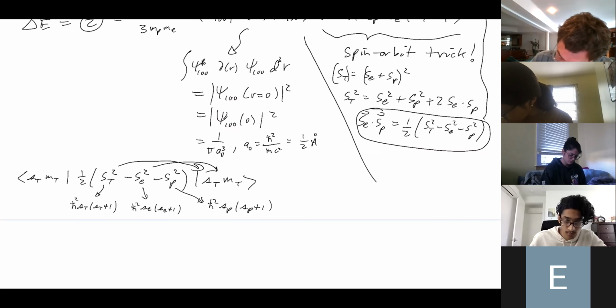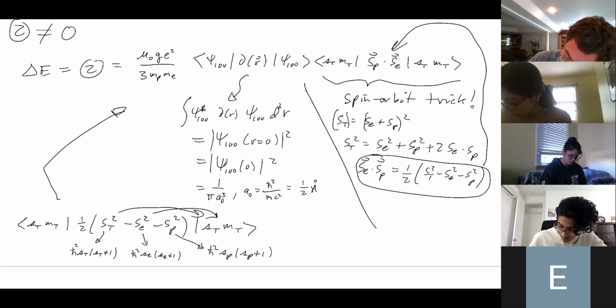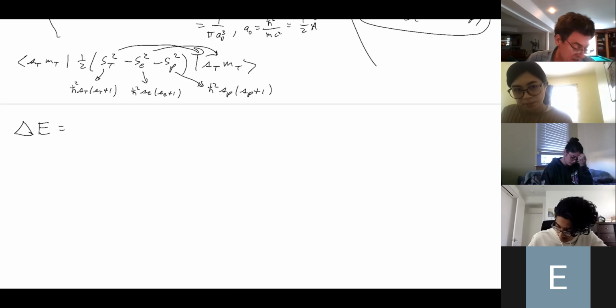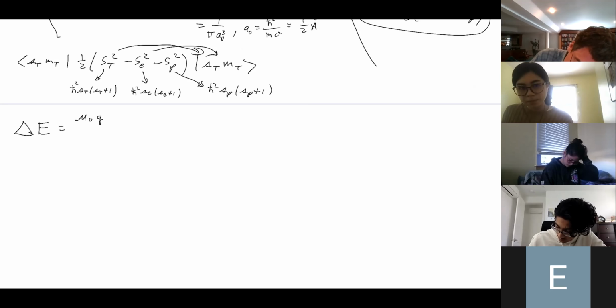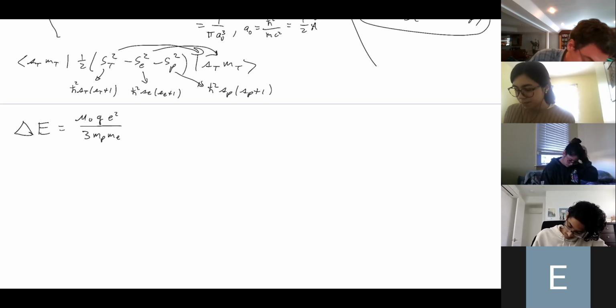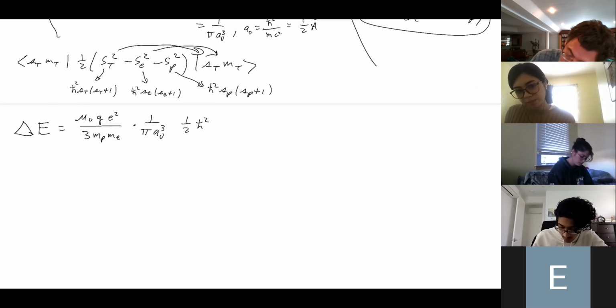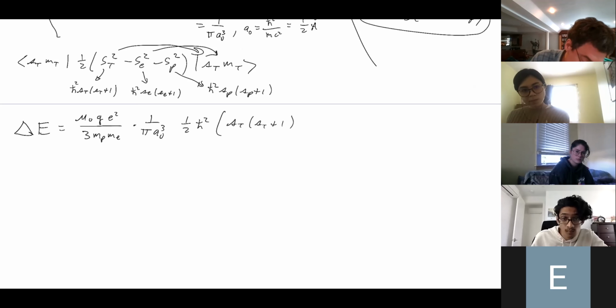And so when I plug that in to this formula up here, I'm going to get that the energy correction due to this hyperfine, when I plug all those numbers in, it's just going to be this. It'll be U naught GE squared over 3 MP ME times 1 over pi K naught cubed times 1/2 H bar squared times S total plus 1 minus 3/2.